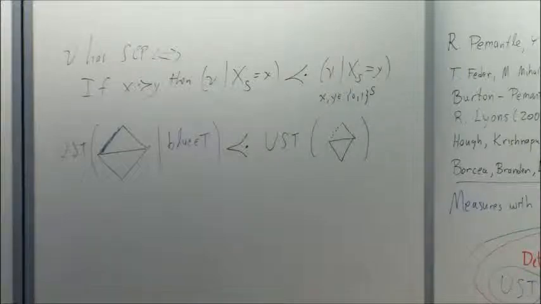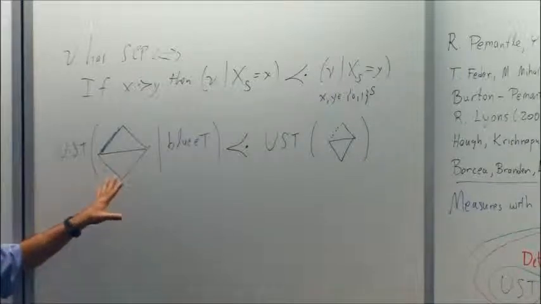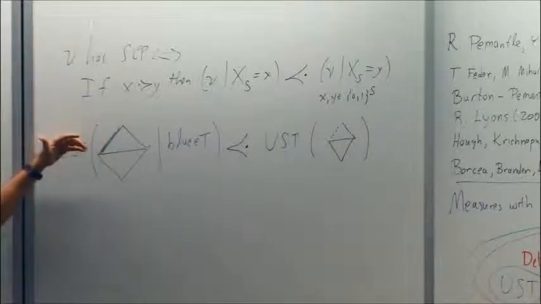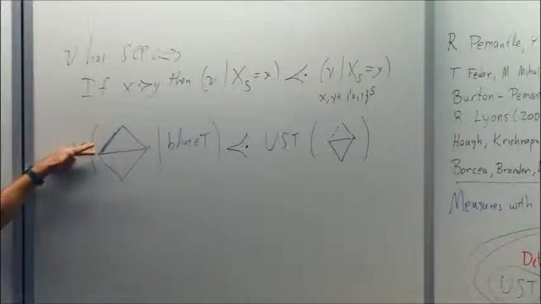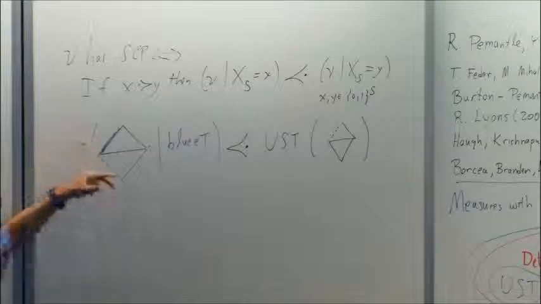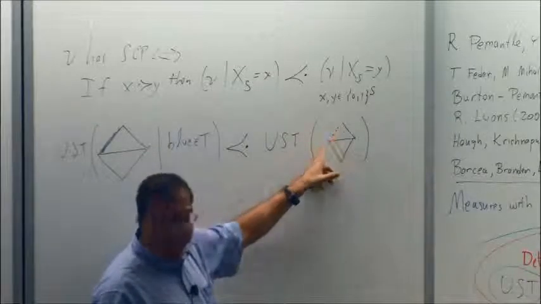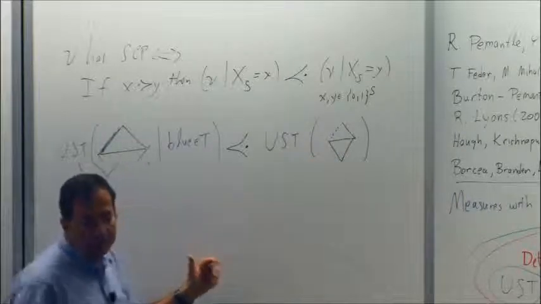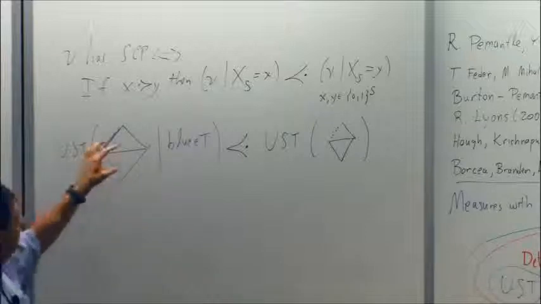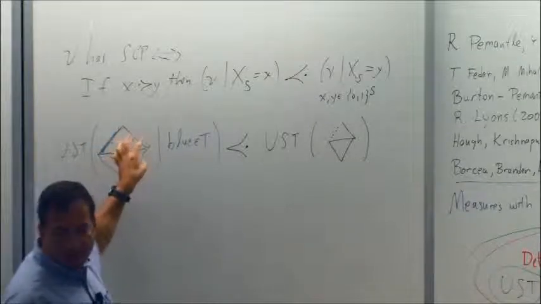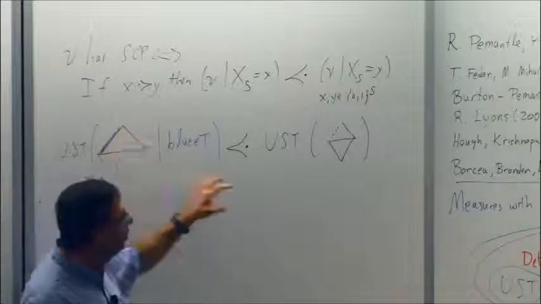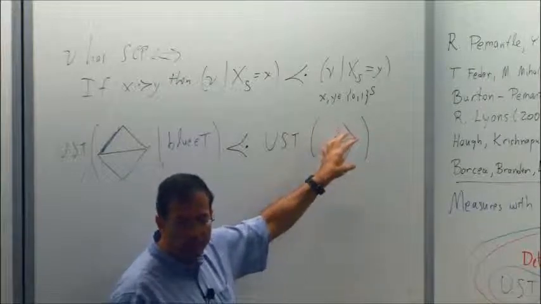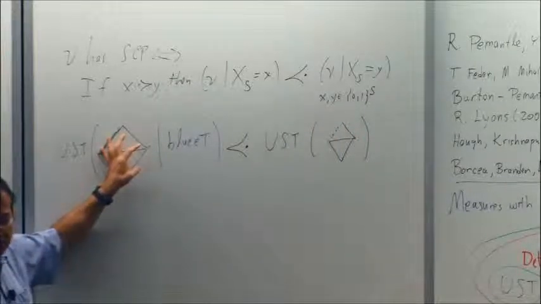The spanning tree in the original graph has 3 edges here, and once I condition on this edge being in, I have 2 edges left to select. On this side, I conditioned this edge not to be in, so I still have 3 edges to select. And the statement is that I can pick this little forest here, the 2 missing edges, and the 3 edges here, in such a way that the 3 edges on the right, the spanning tree on the right, will always contain the 2 edges on the left. I can always do that.